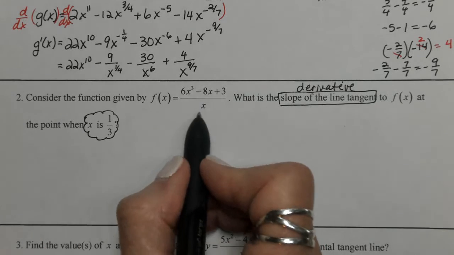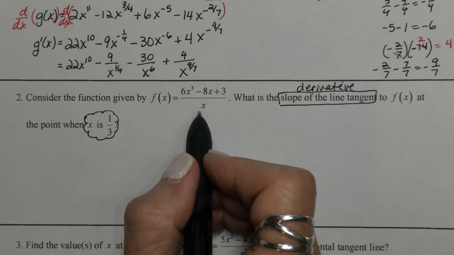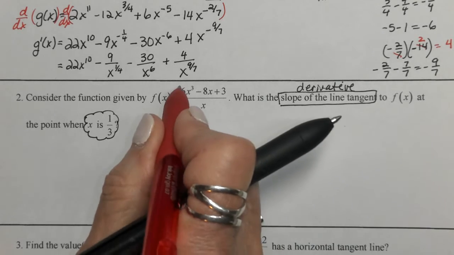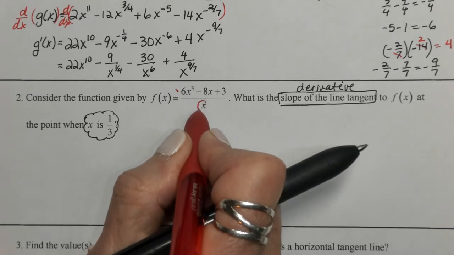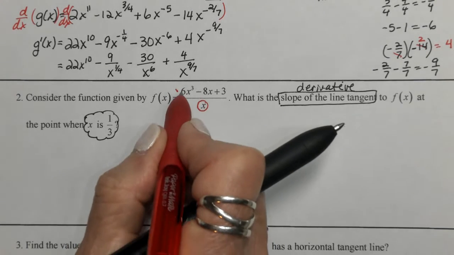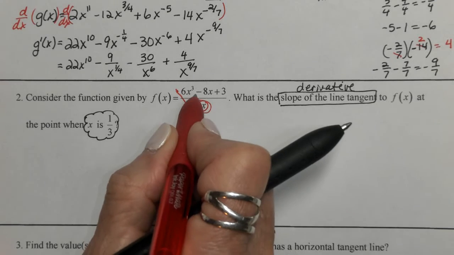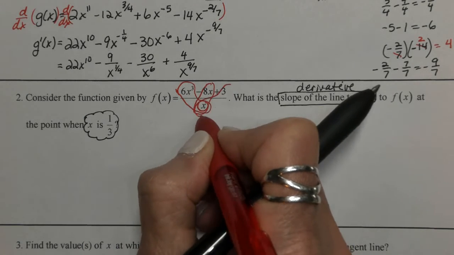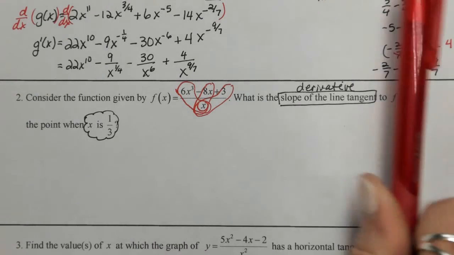So I'm going to take my f, and I need to write it in a form where we can apply the derivative, the power rule for derivatives. So I see one little term in the denominator, so I'm going to do the quick divide by taking every term on top and dividing it by x.